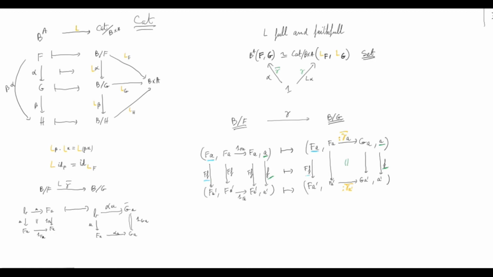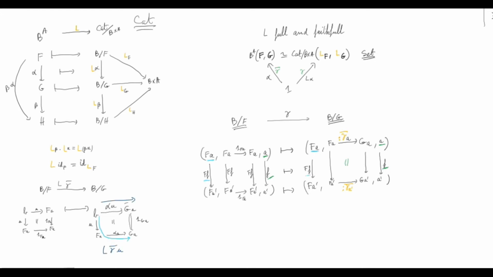since the left part is u1 f of a, a morphism in B over F, we will have a commutation of this square by the property that gamma and not alpha is a functor.